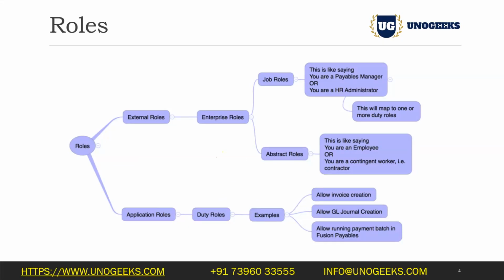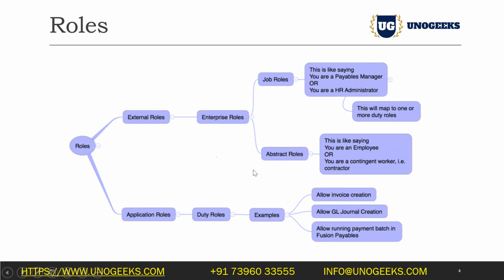Abstract roles, like if you are an employee, a contingent worker, or a third party vendor. And then you have duty roles, whether you are allowed to do invoice creation, general ledger creation, or project creation, project template creation.